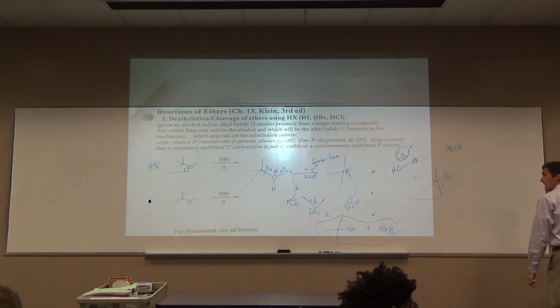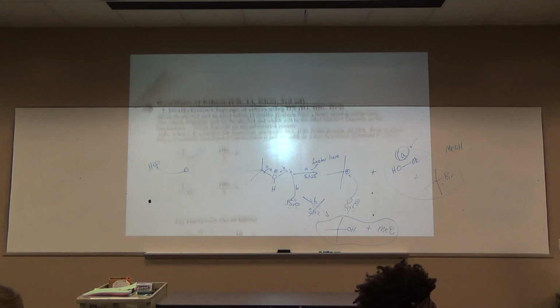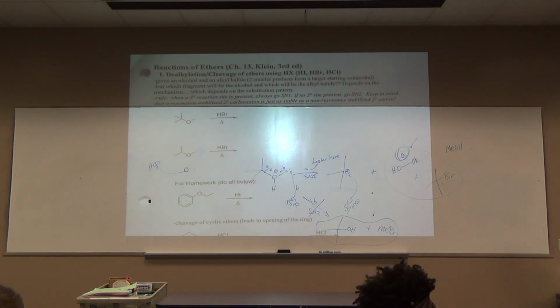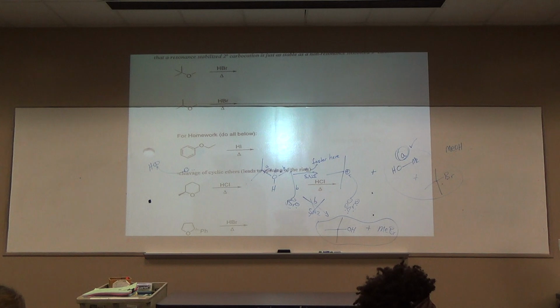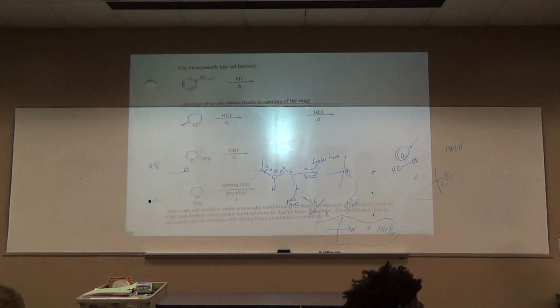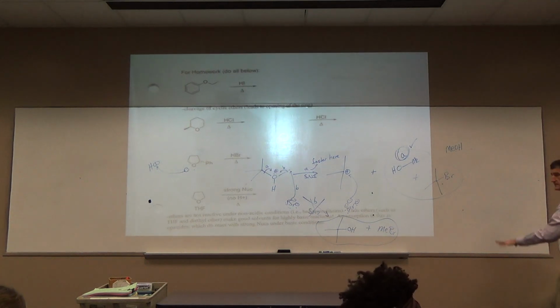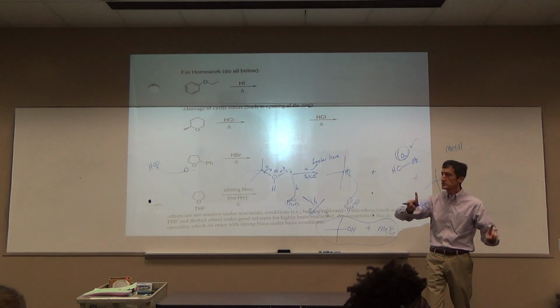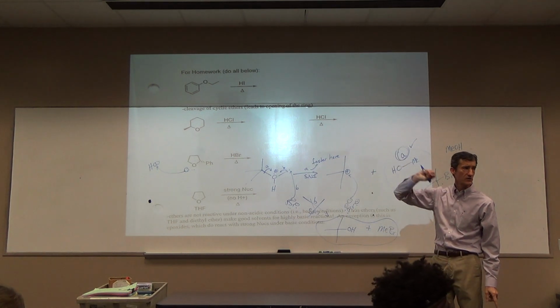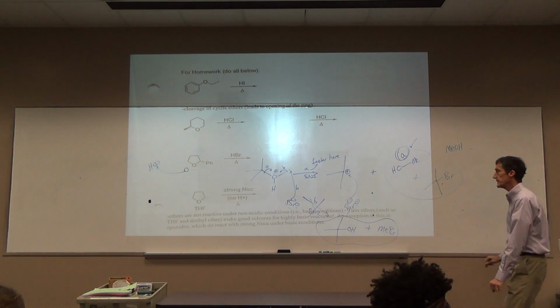I'm going to ask you to do more and more on your own, and we'll look at them in class. There's several below. Work these as homework. We went through everything you need to know right here, but you've got to make a choice, and when you make a choice, I gave you the guideline to go by.